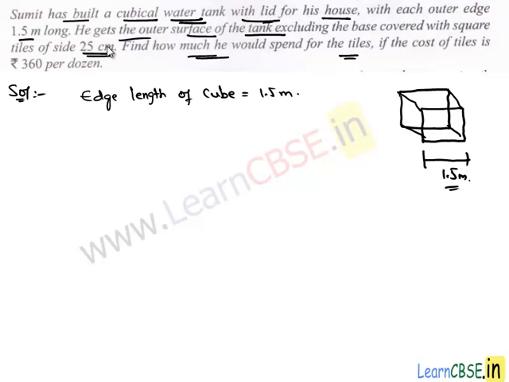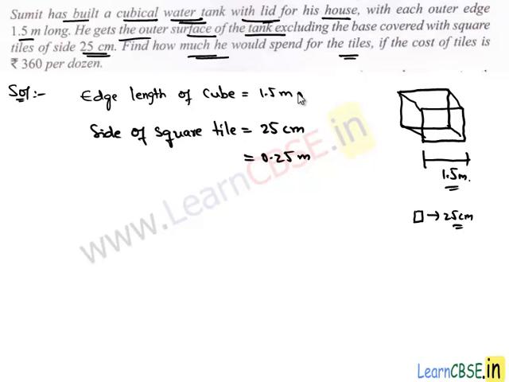Coming to next, Sumit had planned to cover the entire tank, excluding the base, on its outer surface with square tiles, and the dimension of the square tiles is 25 centimeters. So the side of the square tile is 25 centimeters, that is 0.25 meters. It is because we are given this dimension in meters, so we convert it into meters.